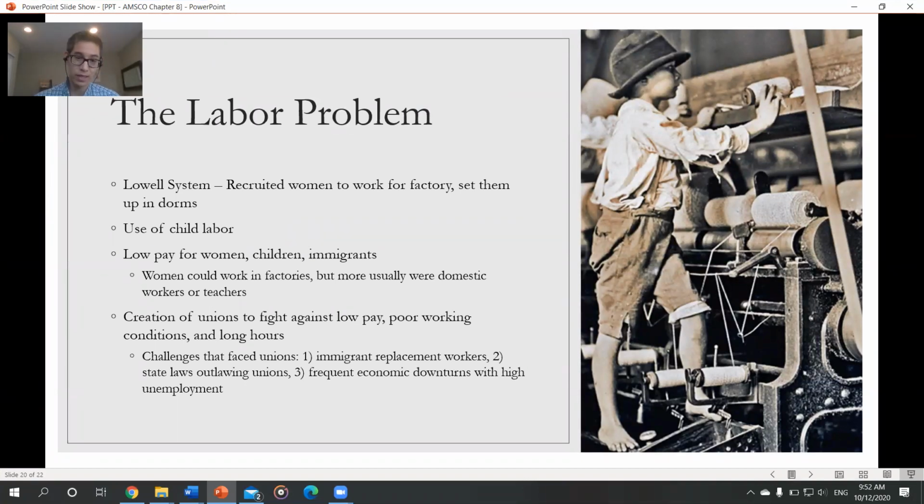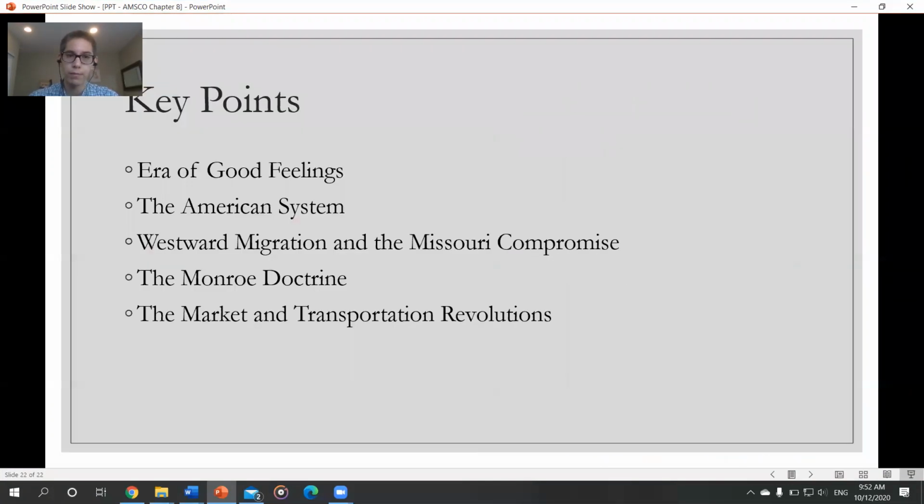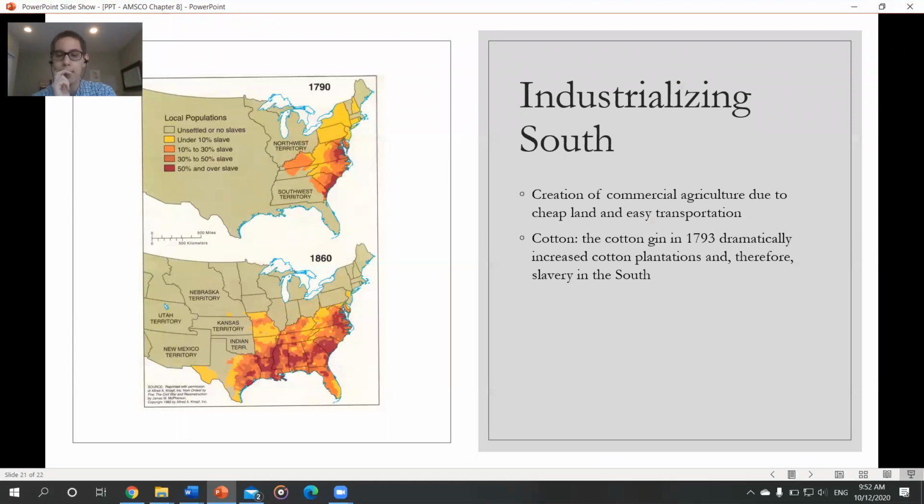Largely, there's a lot of immigrants that can just come in and replace them. So how much power do they have? Some states outlawed unions. And then just lots of frequent little panics and frequent economic downturns that would make their lives challenging. But we begin to see the emergence of labor unions beginning to fight for more rights for workers. Okay, last two slides.